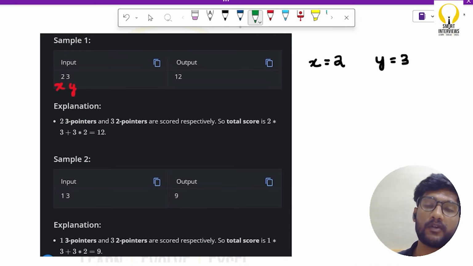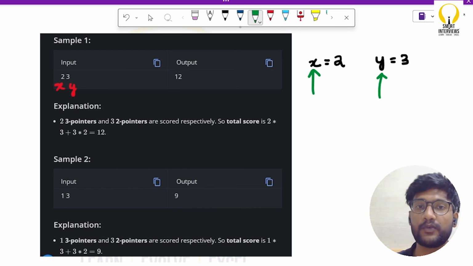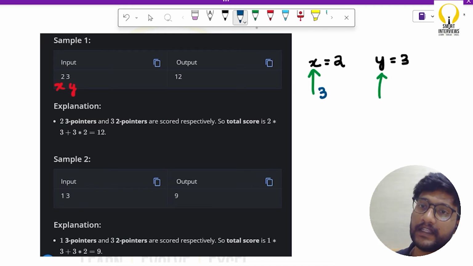So how will you solve this problem? x is the total number of successful 3 pointers, and in the same way y is the total number of 2 pointers. Each 3 pointer has 3 points, and each 2 pointer has 2 points.